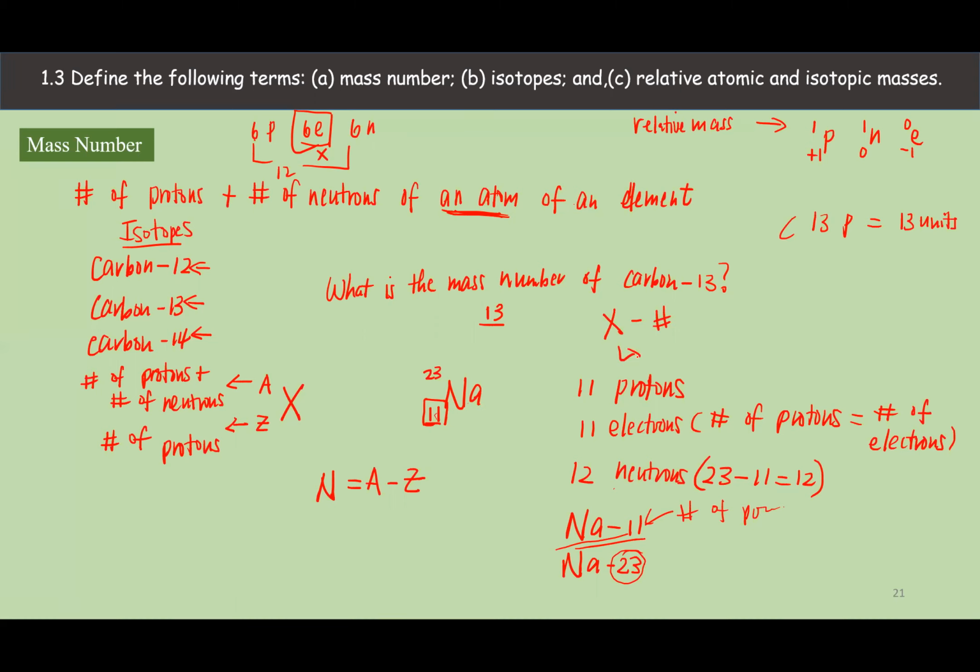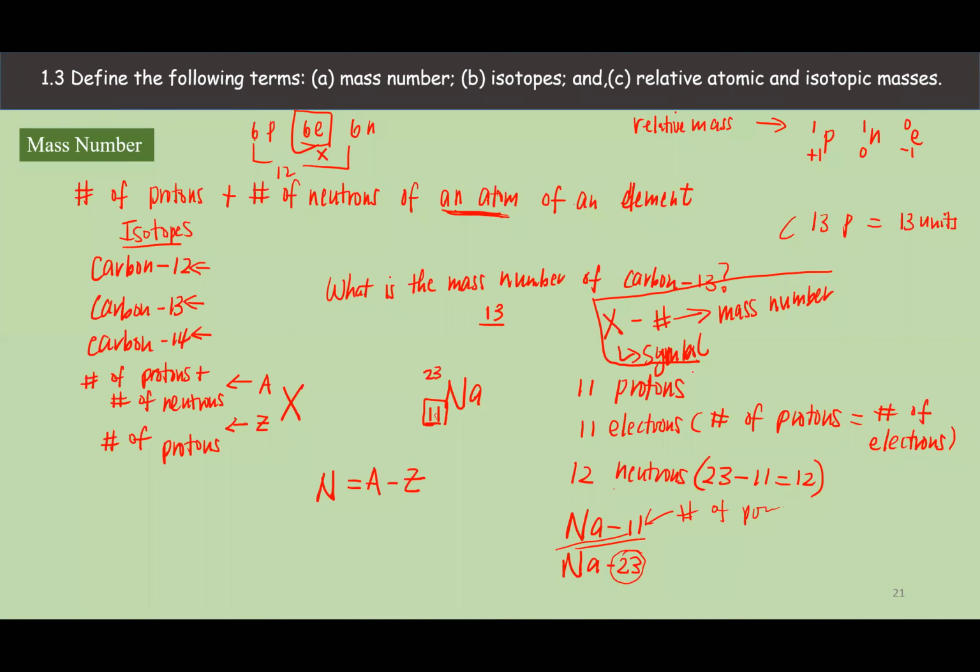So this here is the symbol, and the number that follows is always the mass number. So given that this here is the format, X followed by a number, and the number has to be the mass number, when we look at the element sodium, Na 11 23, we have to convert it into another notation.